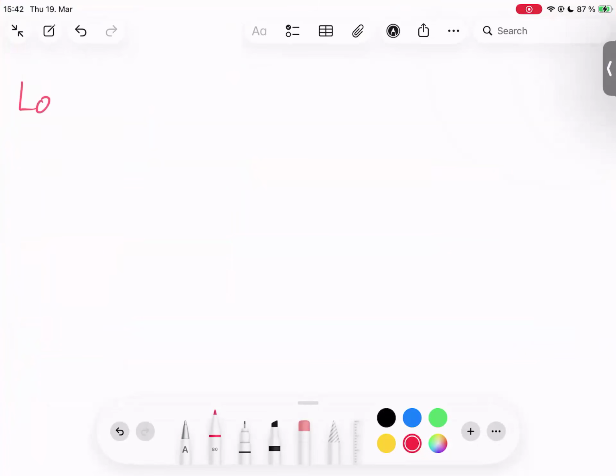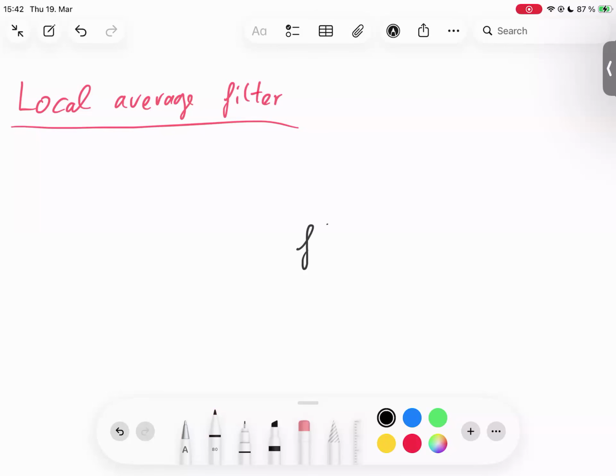So we look at a so-called local average filter. And what it does is we have our image, our original, or some image we want to process, where we can look at the individual pixels. So our image F at pixel MN.